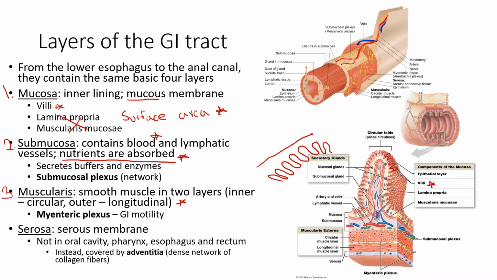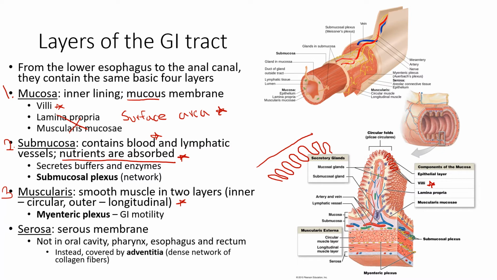When we start talking about the reproductive system, that is actually how the layers of the penis are going to look as well, and you'll see that a little bit better then. But it is for these organs to be able to expand, not dissimilar to how rugae, which are wrinkles inside of an organ, allow for that organ to also expand.